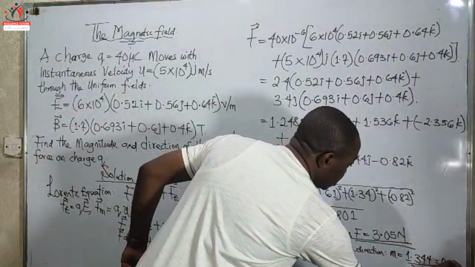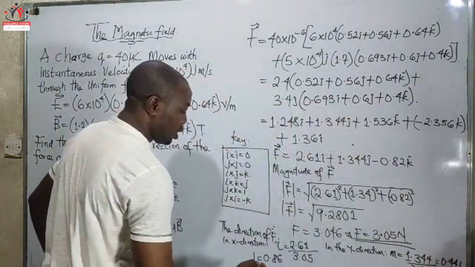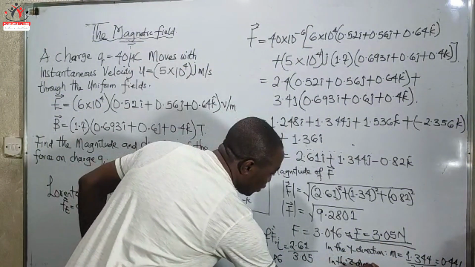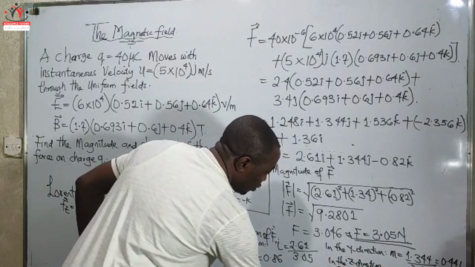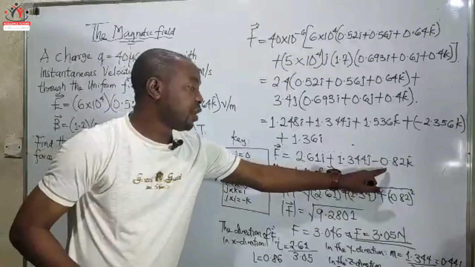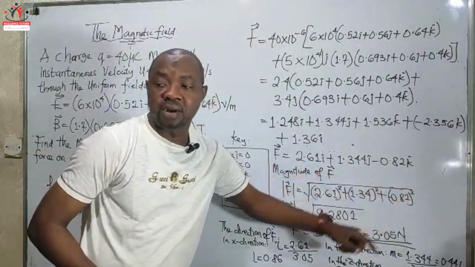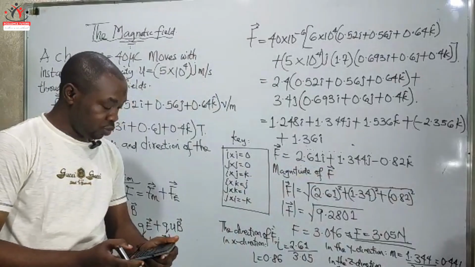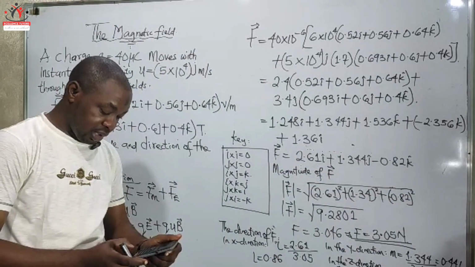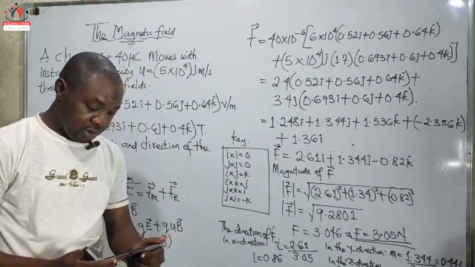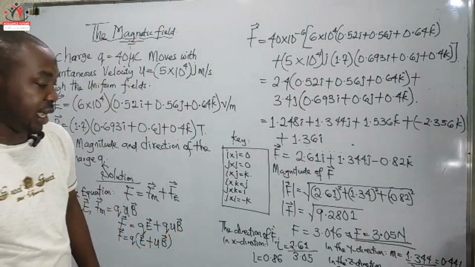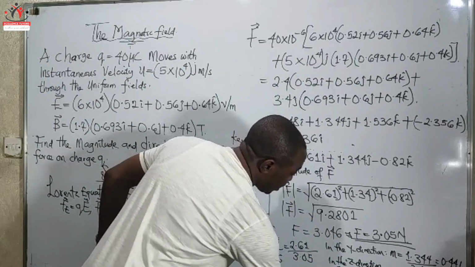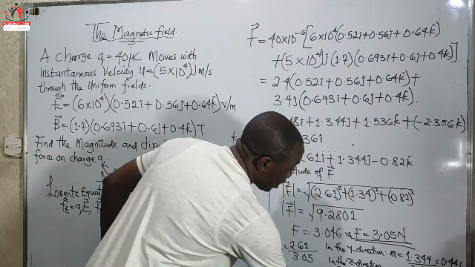Now in the z direction, we divide this value, the unit vector in the z direction, so that will be minus 0.82 divided by 3.05, and that will give us minus 0.269.